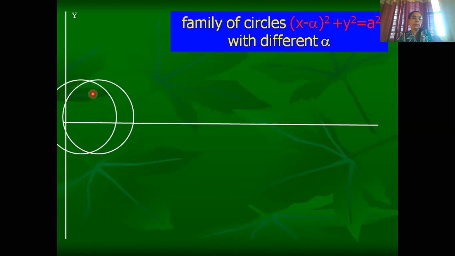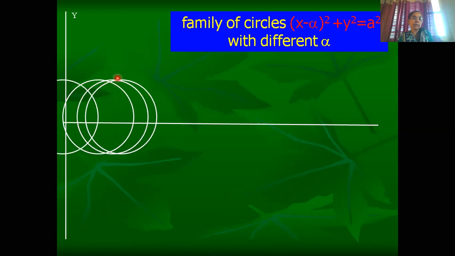Then observe the point of intersection of 1 and 2, the point of intersection of the 2nd and 3rd, the point of intersection of 3 and 4, and in this way.